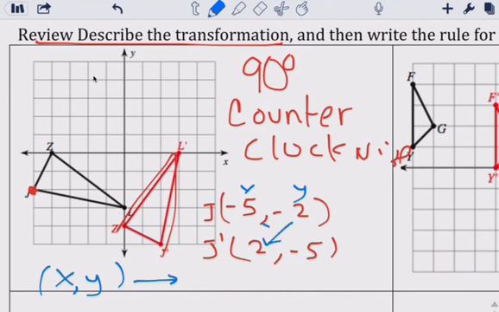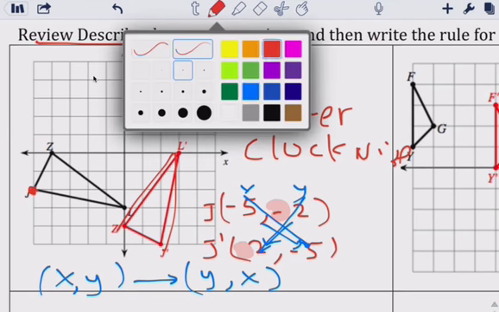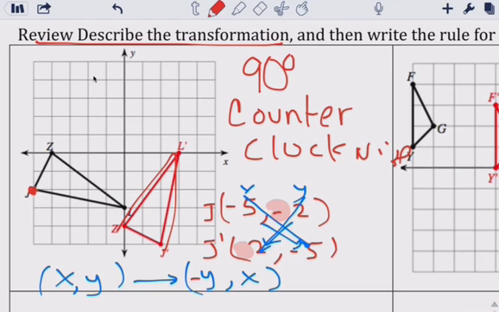Definitely the switch in them. So Y became X and X became Y. Now here's the difference. This was a negative, this turned to a positive. So the Y became its opposite right there. Okay?